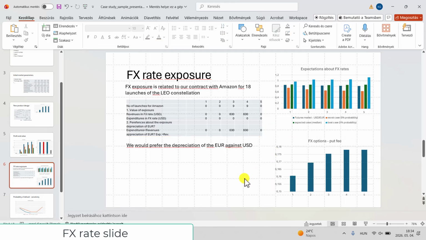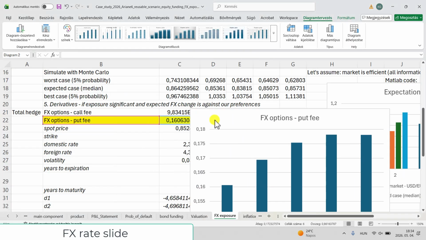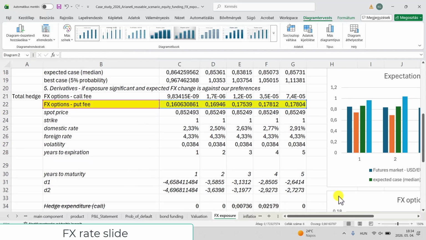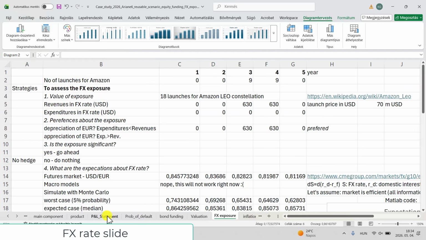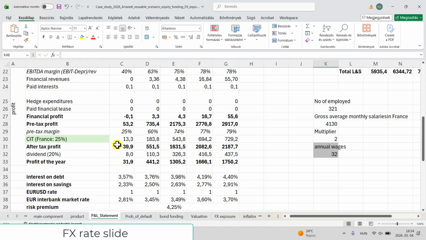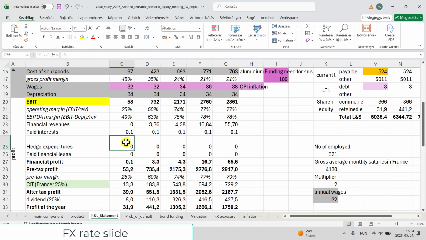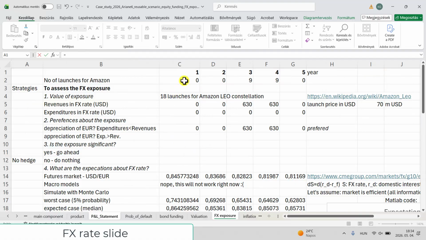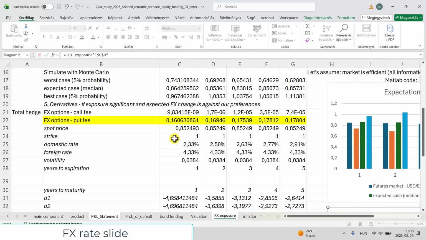And then we can still say that maybe we don't want to run any of this, because it would create an additional problem that, okay, in the profit and loss statement we can say that there is this hedge exposure. So this equals revenues, well, no, this one, multiplied by the put fee.